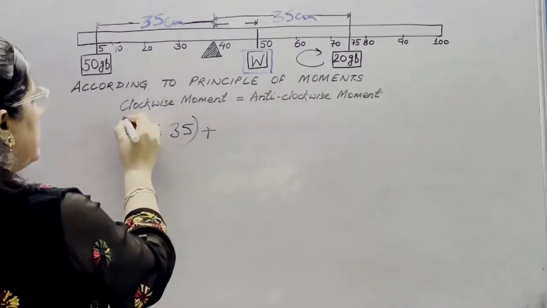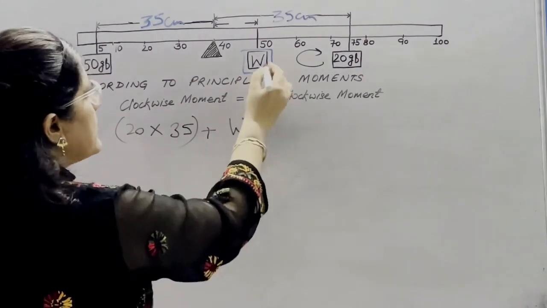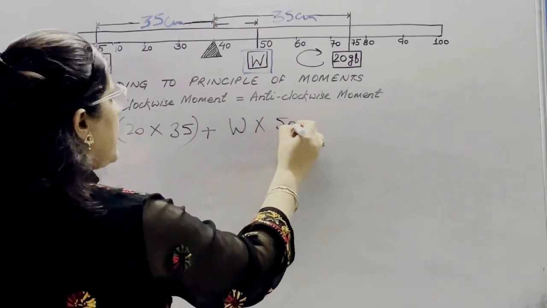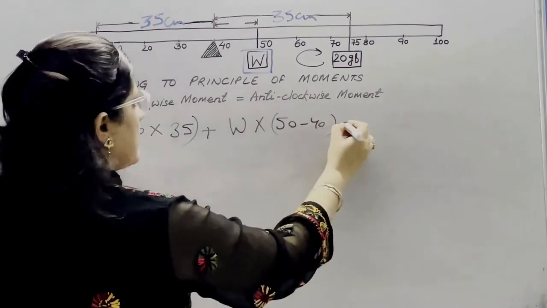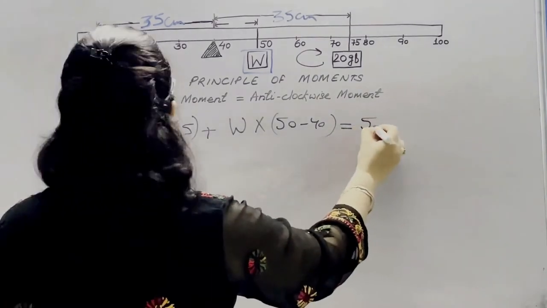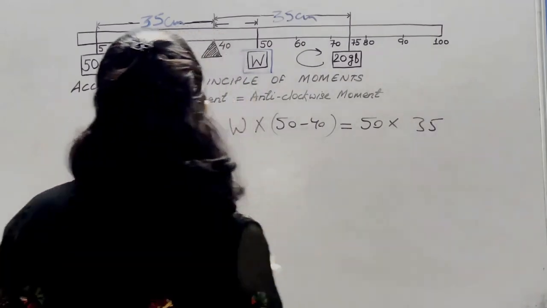Plus the weight we don't know, W, but the distance of this 50 centimeter mark from 40 is 50 minus 40, which is 10. And anti-clockwise moment: weight given is 50 gf and distance is 40 minus 5, which is 35 centimeter.